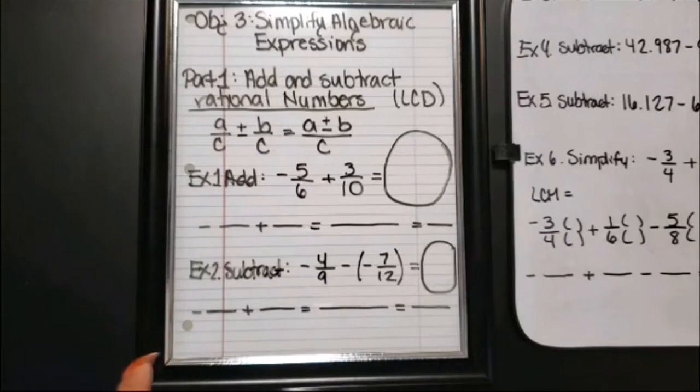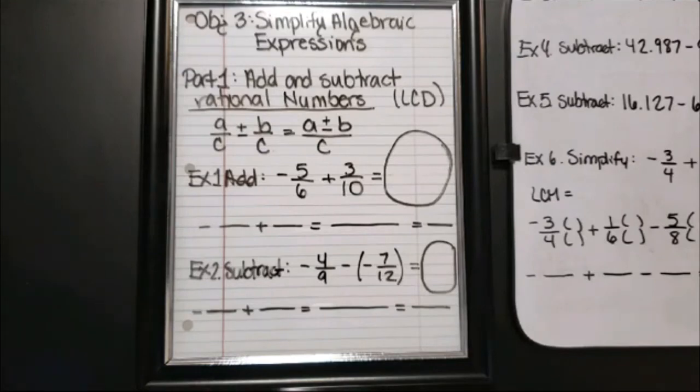All right, so let's look at example 1. We want to add negative 5 over 6 plus 3 over 10. All right, so we want to look at the 6 and 10 and think, what is the LCM of the denominators, or what is the least common denominator?